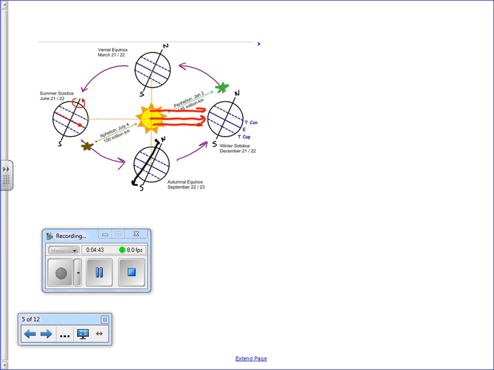The south. Because it's getting more direct sunlight. And on this side, it's kind of deflecting off a little bit more. Now, keep in mind, of course, that at the same time, the Earth is rotating on its axis, getting day and night. This is going to be night over here, of course. And this is daytime over here.